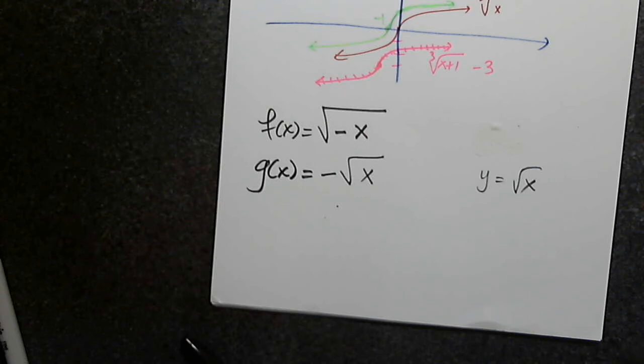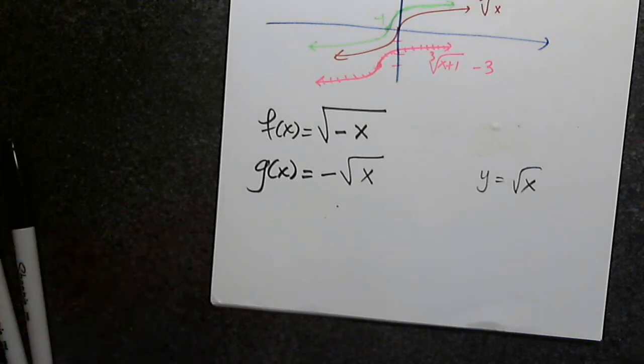Well, the graph is increasing. It doesn't increase or decrease. By replacing x by negative x, I reflect the graph with respect to the y-axis. Okay, that's it. Awesome, yes.